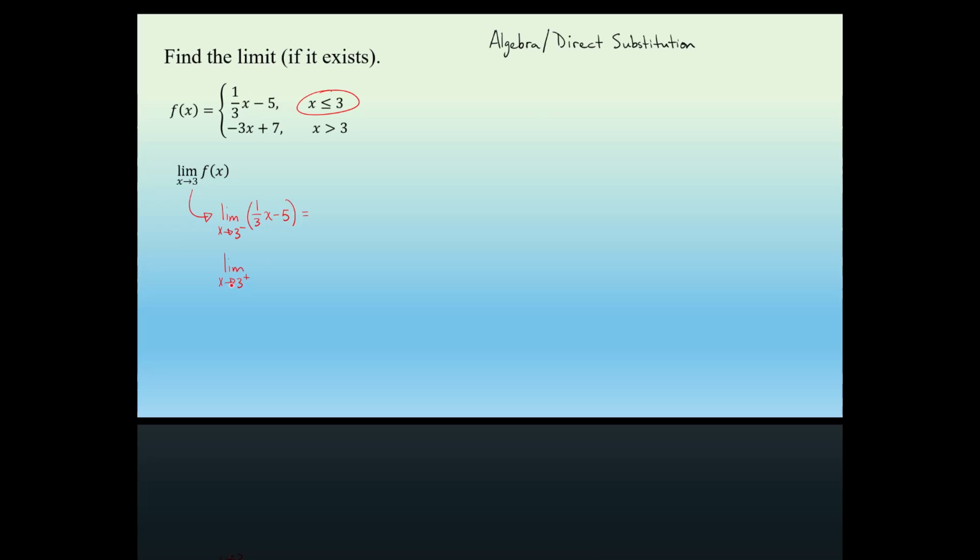Then, to do the limit as x is approaching 3 from the right, those are all the numbers that are greater than 3. So we'll use this bottom piece. Now, we don't have to use algebra techniques. We can just use direct substitution. So we'll go ahead and plug 3 in for x.